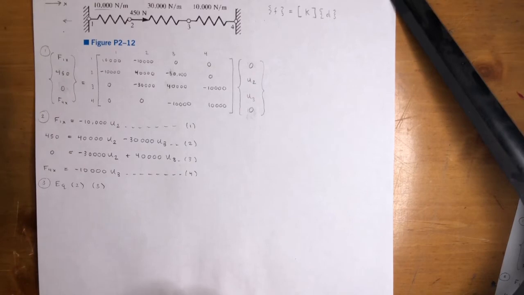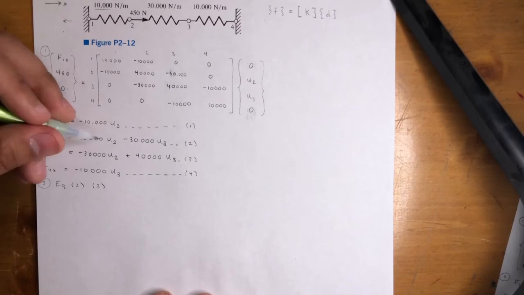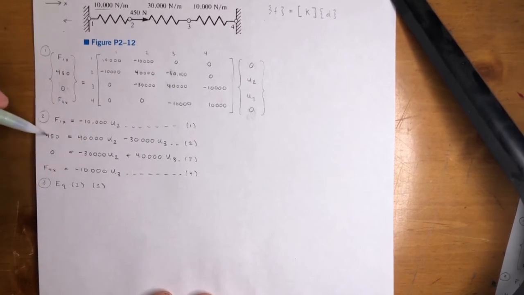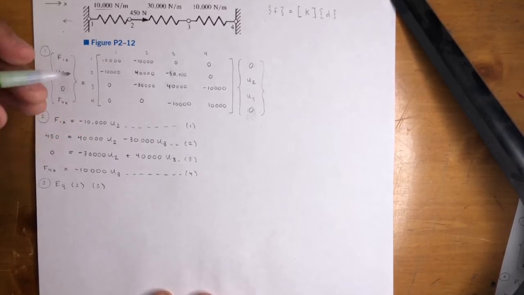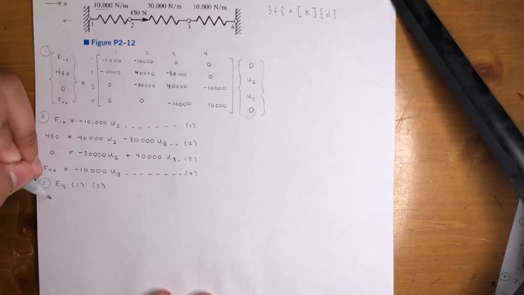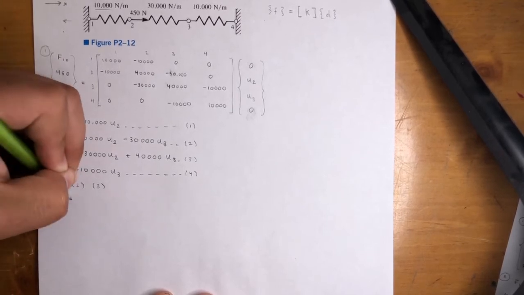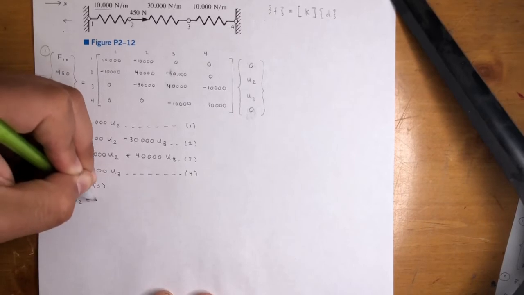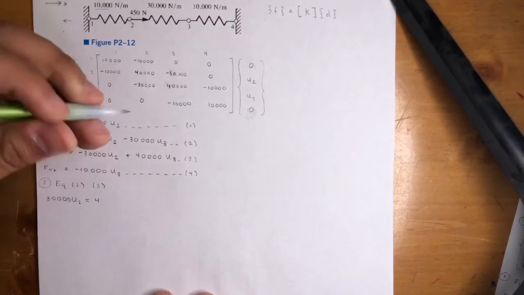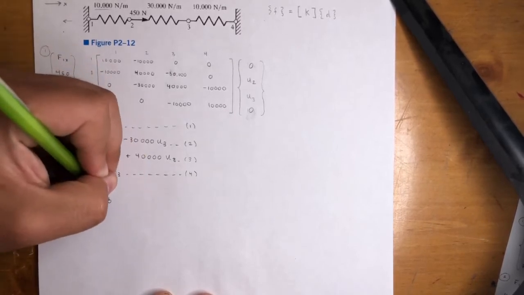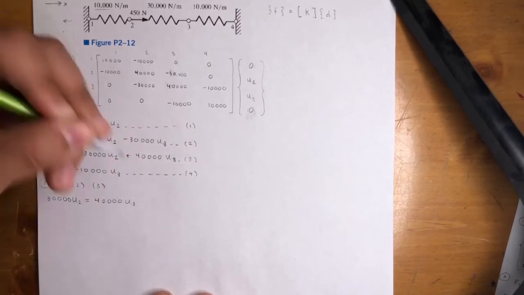I mean, it's not really showing you another way if you saw the other videos, but it's just solving for one of the variables in any of the equations. In this case, I'm going to use equation 3 because this one's 0, while the other has that extra 450. It's 30,000 u2 equal to 40,000 u3.